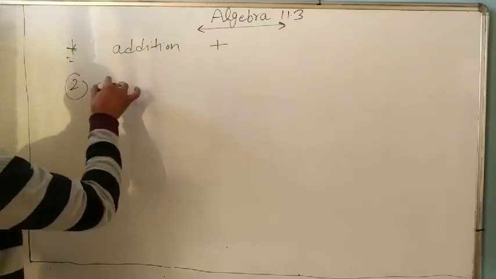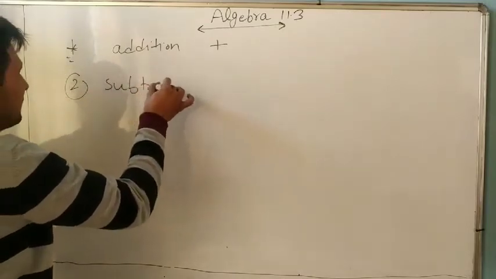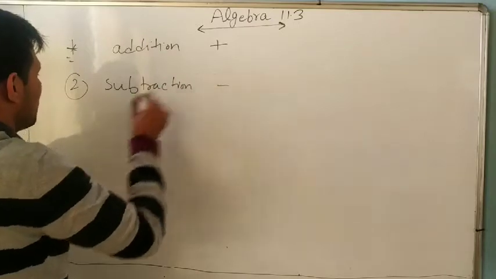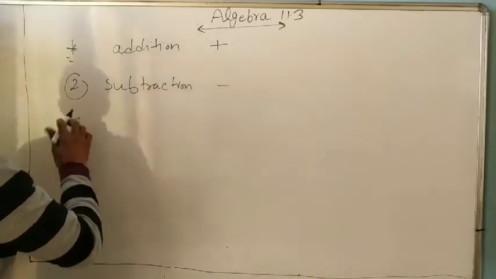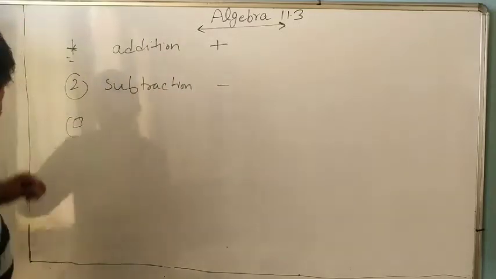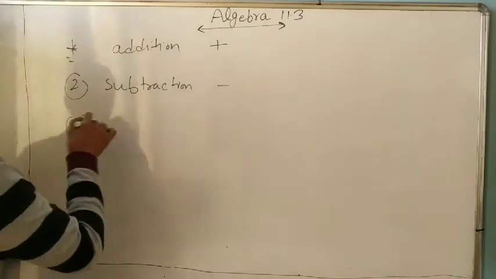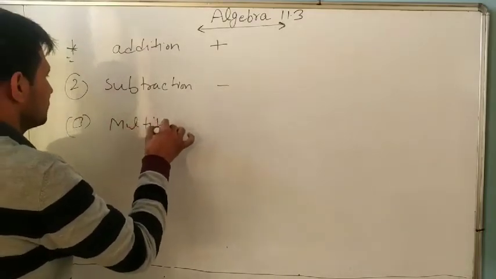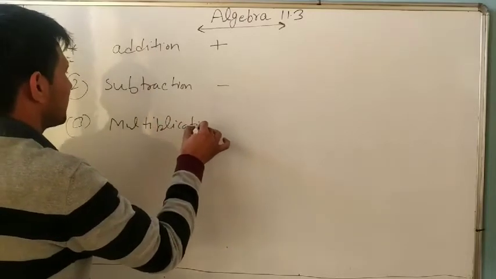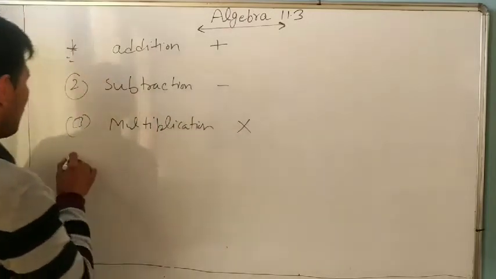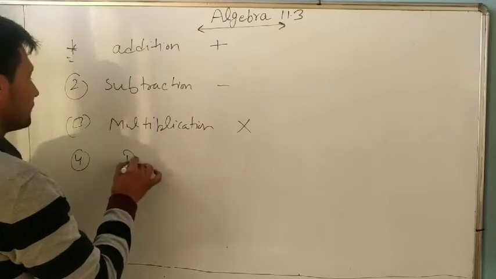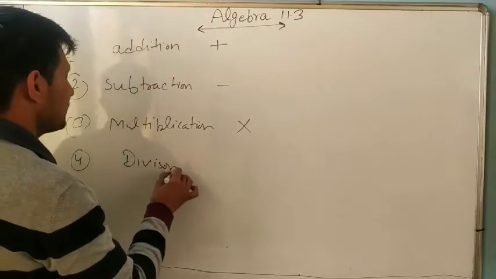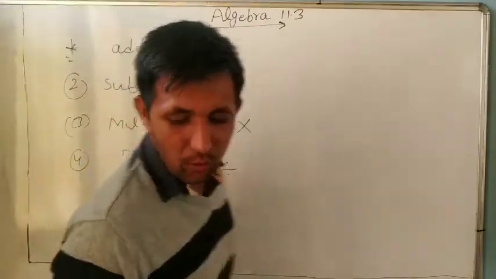Second is subtraction. Next is multiplication. And fourth is division. Yes, everyone knows these four operations.